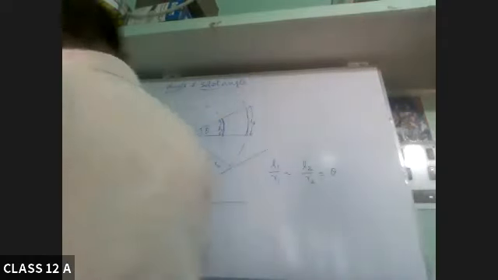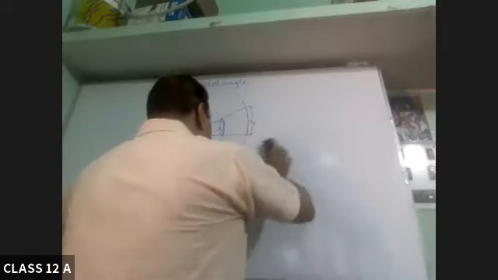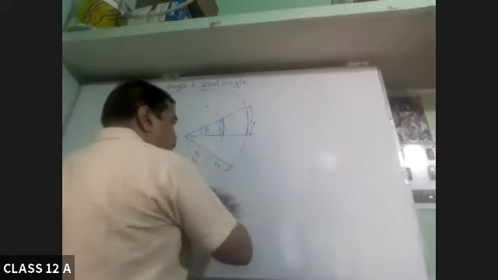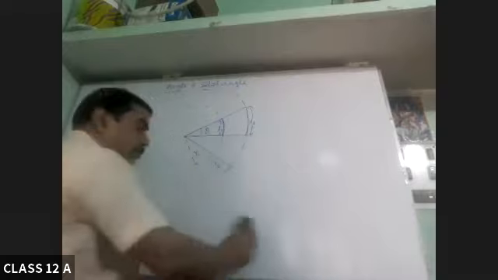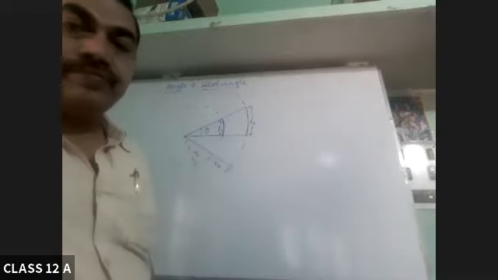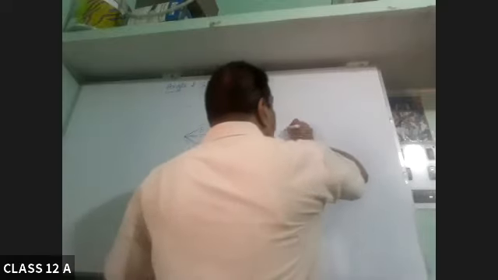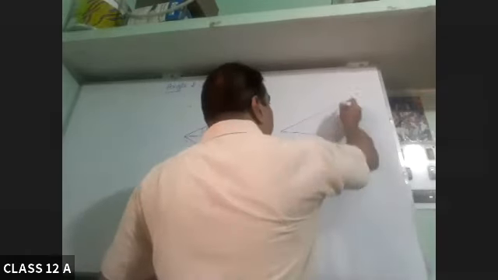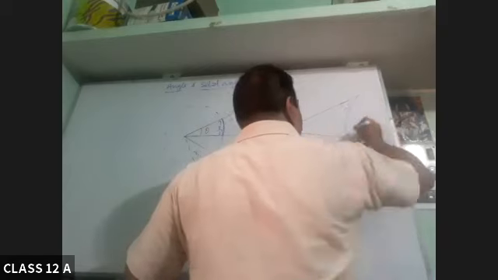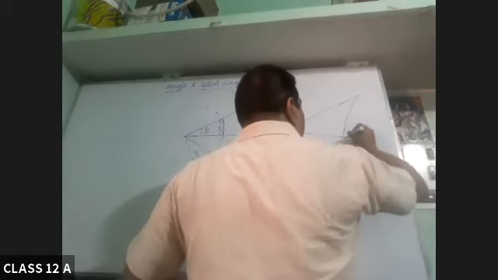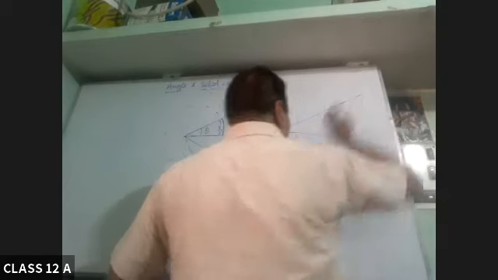So in case of solid angle, suppose this is, whatever the shape may be, maybe like this. This is the cone.